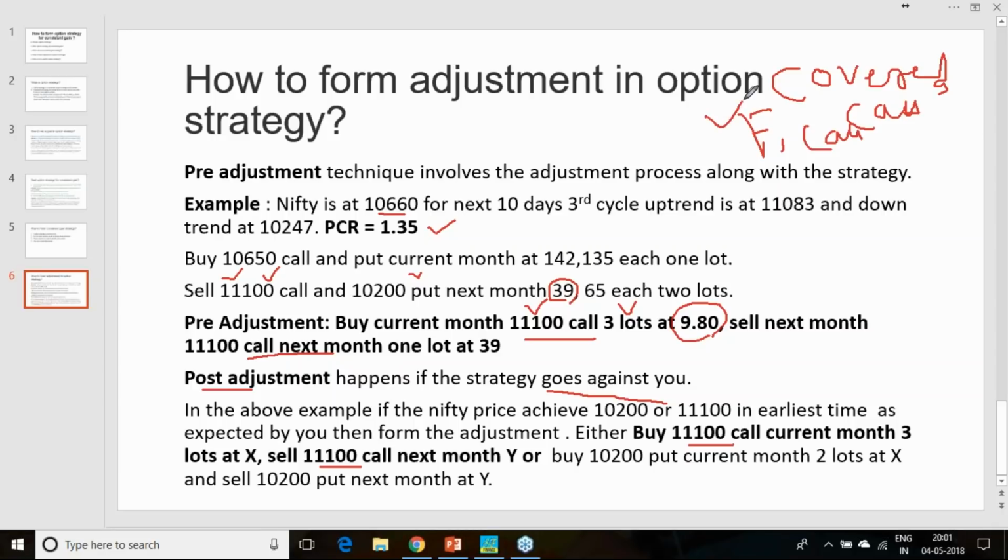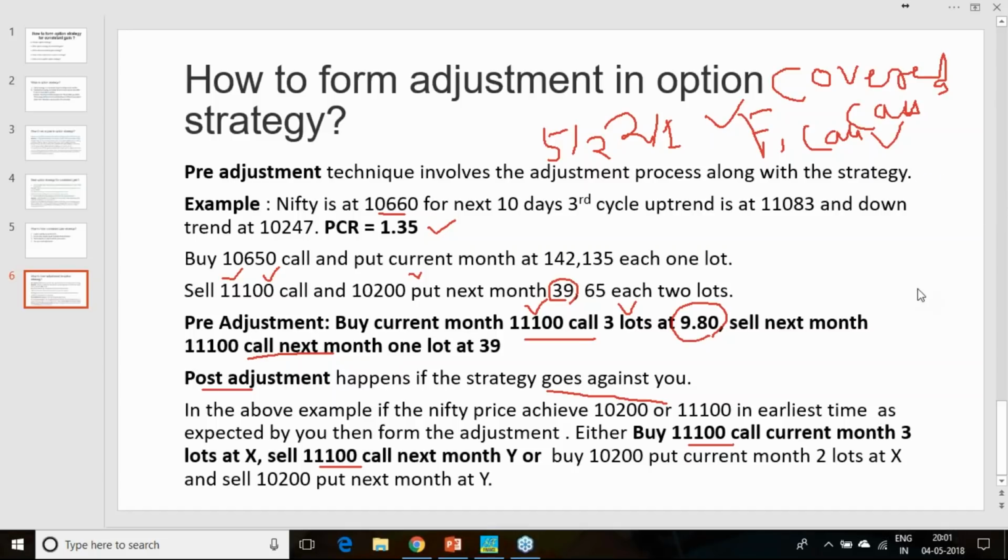When we make this future buy with call option selling, the covered call, then a 2/1 ratio put spread is an adjustment, or you can take a 5/2 ratio put spread as an adjustment. So based on every strategy, the counter one is your adjustment. This is what the adjustment is.